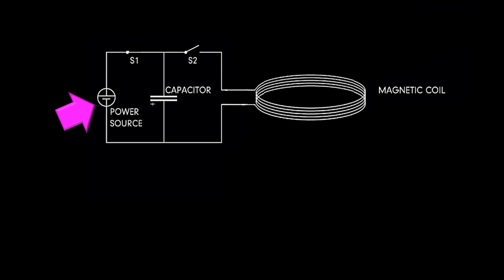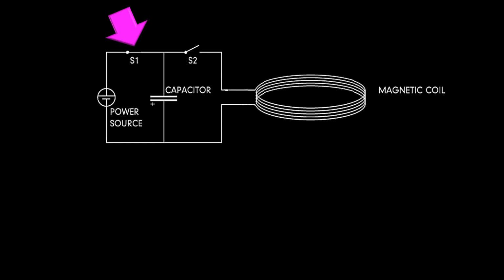An electrical circuit having a power source, a capacitor, and a coil wire, which are usually referred to as a magnetic coil, constitute the basic electronic components needed to generate the magnetic force.